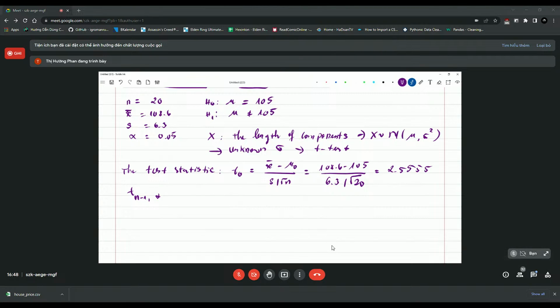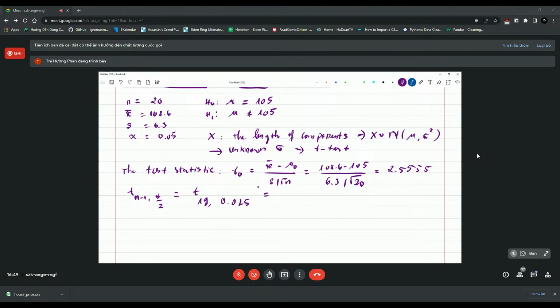Should we use t n minus 1 alpha or t n minus 1 alpha over 2? Alpha over 2, because we consider a two-sided alternative hypothesis. Two-sided, so use alpha over 2. So we need t n minus 1, we have 19 degrees of freedom. Alpha over 2, we have 0.025.